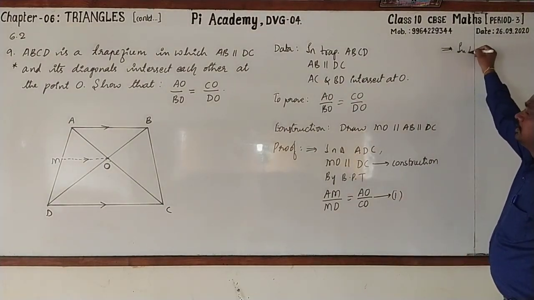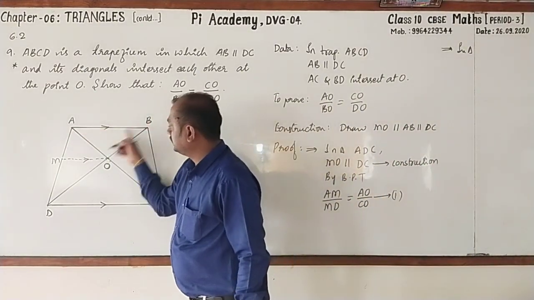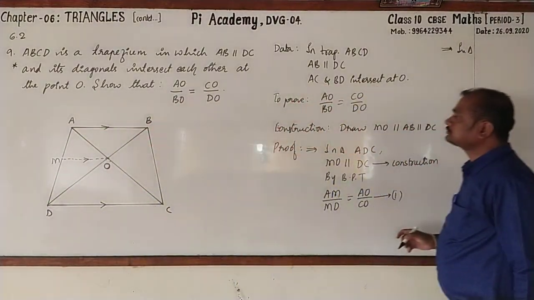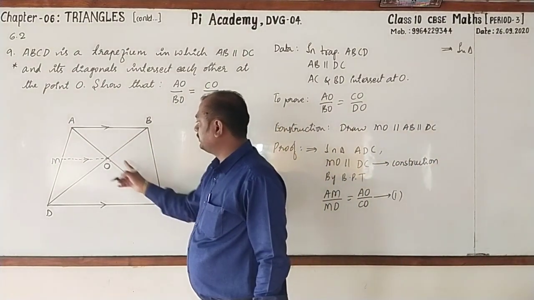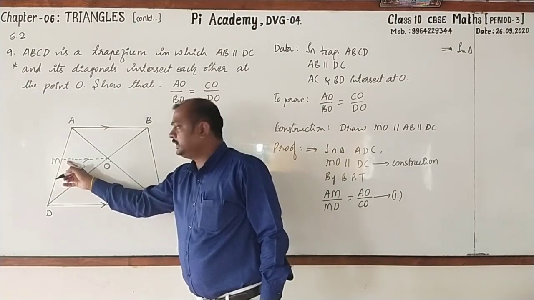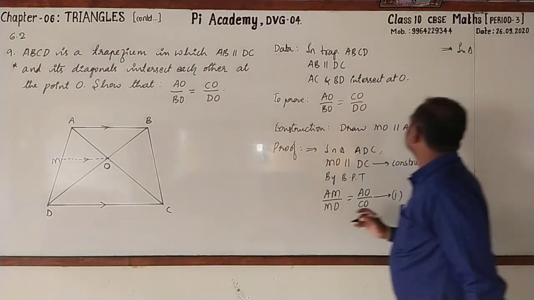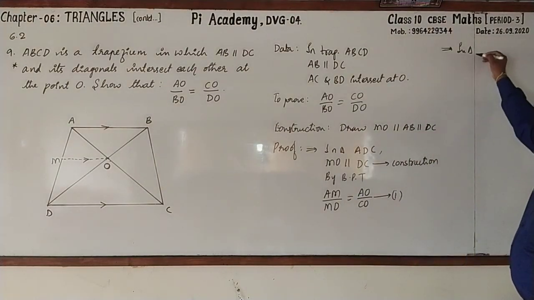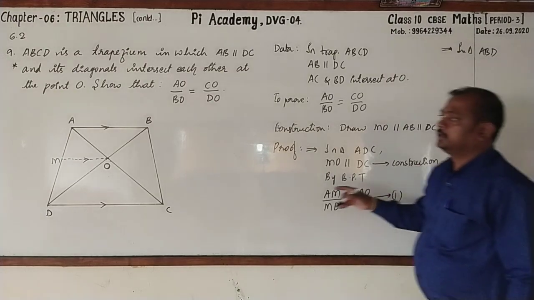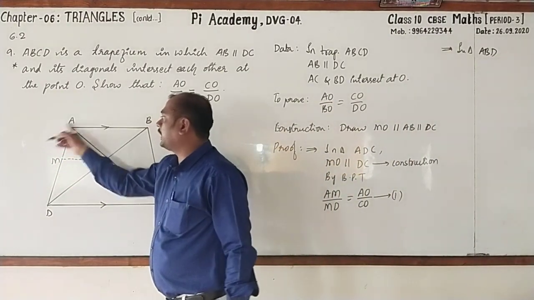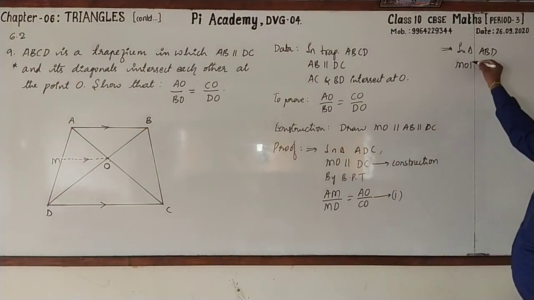Next, again you take another triangle. What is that? ABD. You cannot take ABC because the parallel side is only for AB from O to M. So that's why I'll take triangle ABD. In triangle ABD, MO parallel to AB.